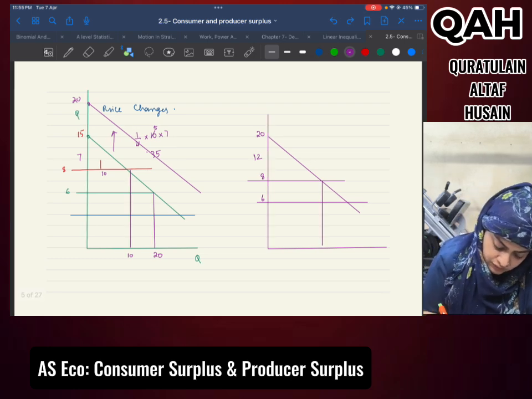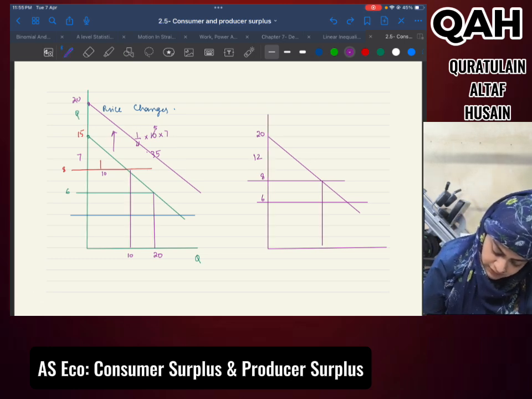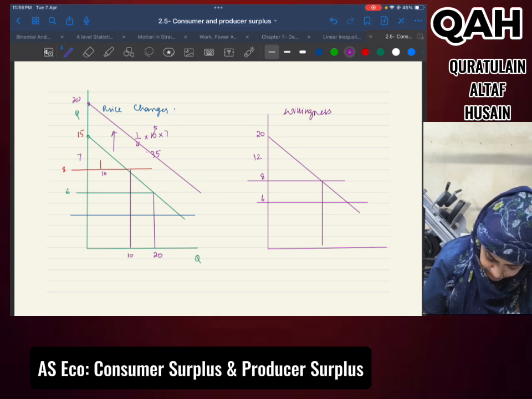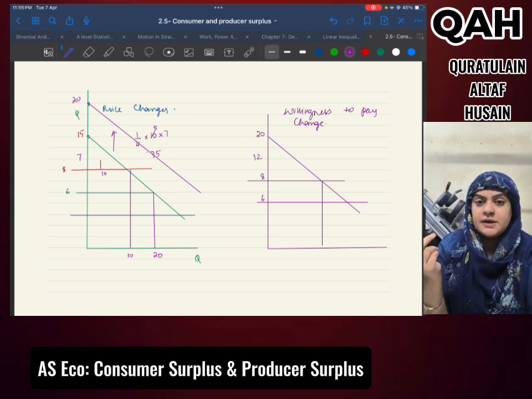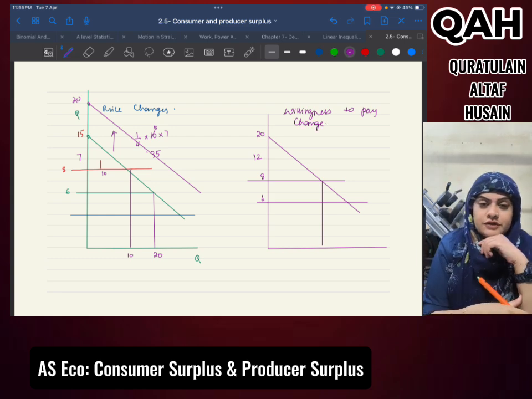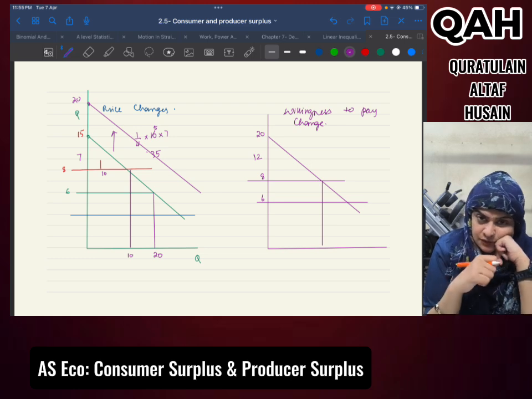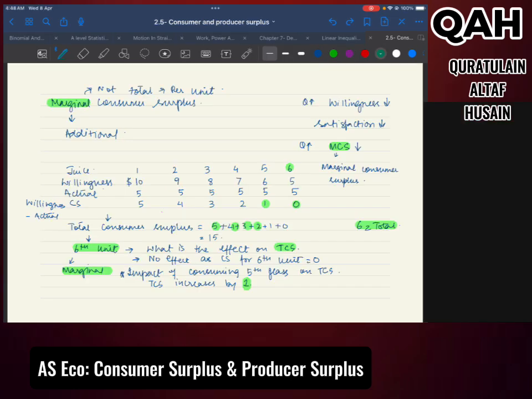So the second scenario that we talked about is that the willingness to pay changes. Why does the willingness to pay change? That's a different story that depends upon elasticity of demand, availability of goods and services. When we talk about surplus, we need to understand two things.